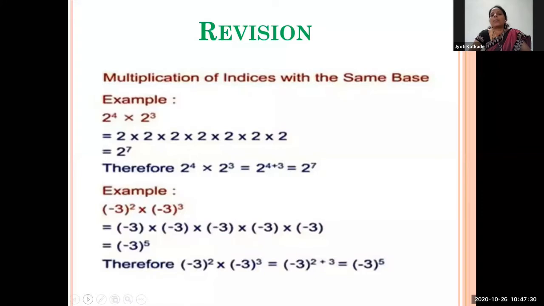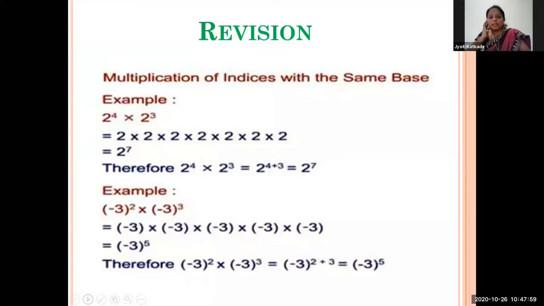So see in this example, 2 raised to 4 into 2 raised to 3, base is 2 and 2 and powers are 4 and 3. When we multiply, we get 2 seven times, but according to this rule 2 raised to 4 into 2 raised to 3 is equal to 2 raised to 4 plus 3. Add the powers, we get 2 raised to 7.